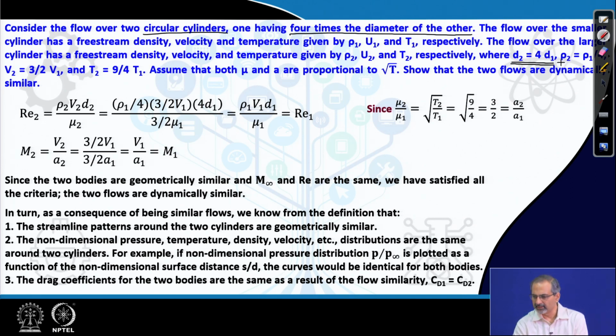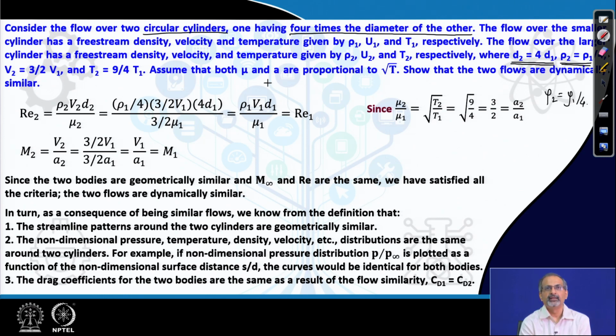The density rho 2 is equal to rho 1 by 4, velocity V 2 is equal to 3 by 2 V 1, and the temperature T 2 is equal to 9 by 4 T 1.